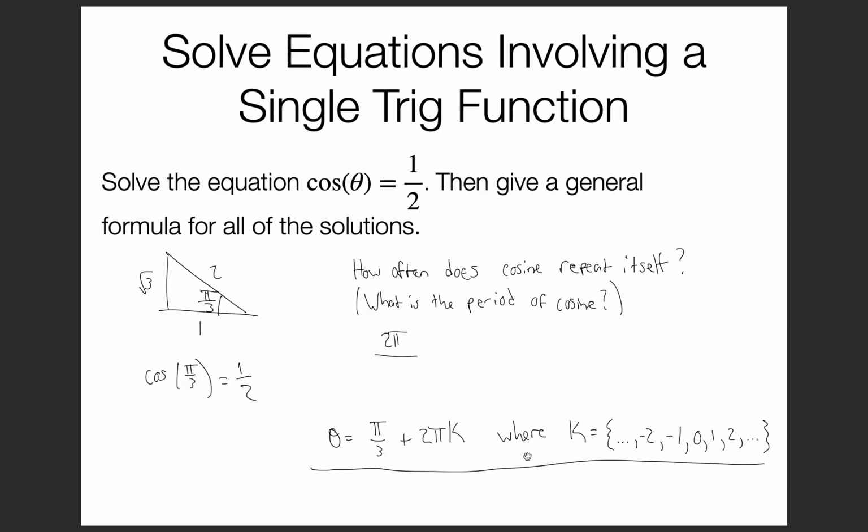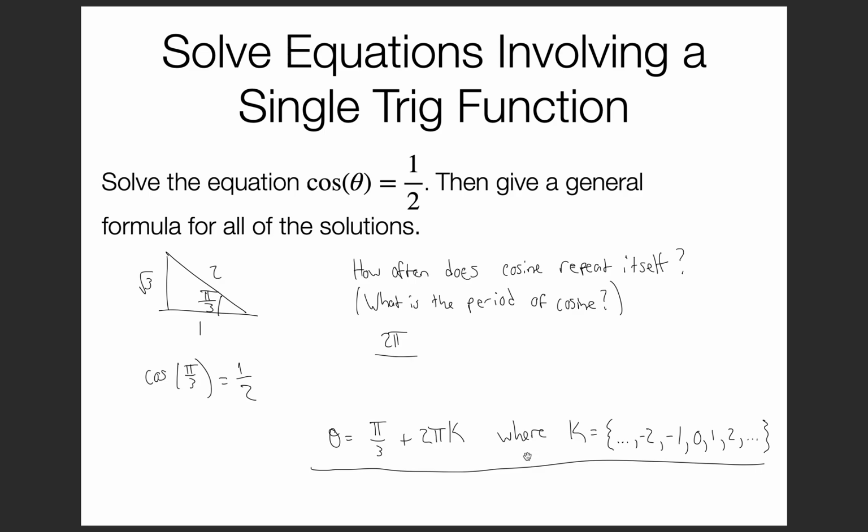Now next there will be a number of questions that you'll be asked of this form. Solve the equation cosine of theta equals 1/2, and then give a general formula for all of the solutions. So the first one is fairly easy. Cosine of some angle equals 1/2.